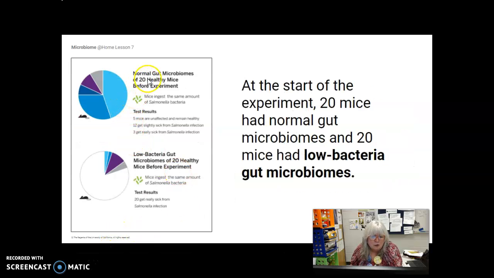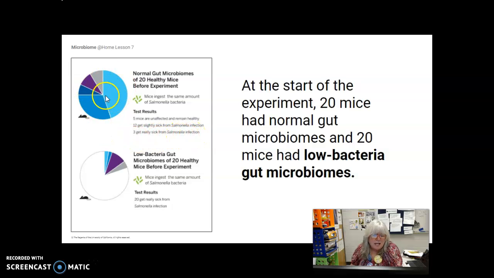If we take a look at these two examples here, the 20 mice basically ate something that had the bacteria, and what we found out was 5 of the mice were fine, they didn't get sick. 12 got a little sick from the salmonella infection, and 3 got really sick.